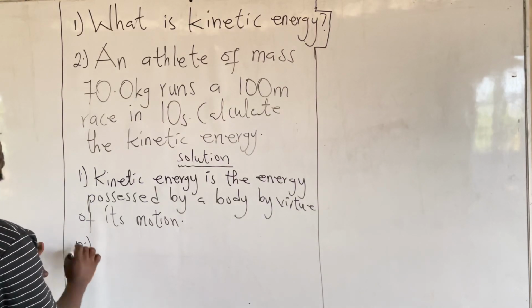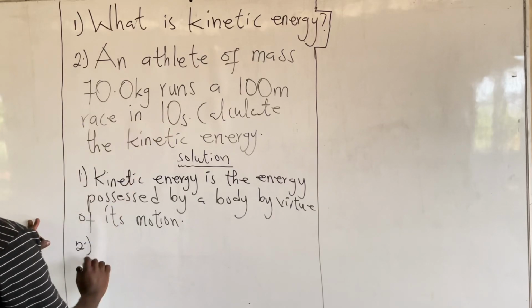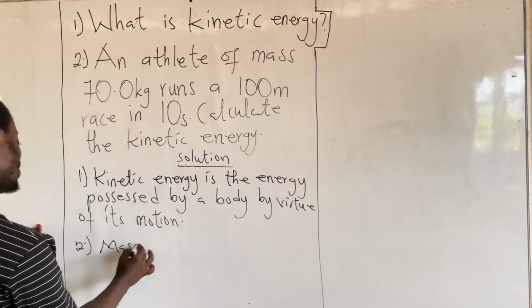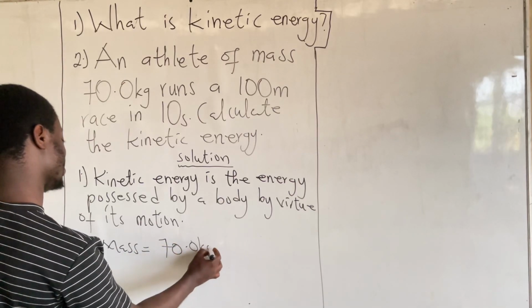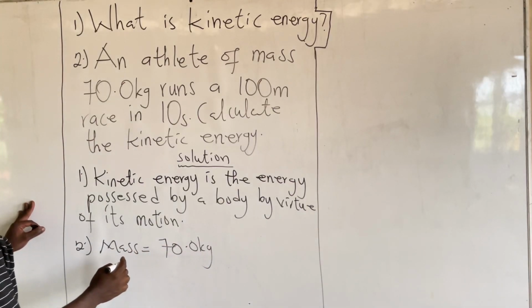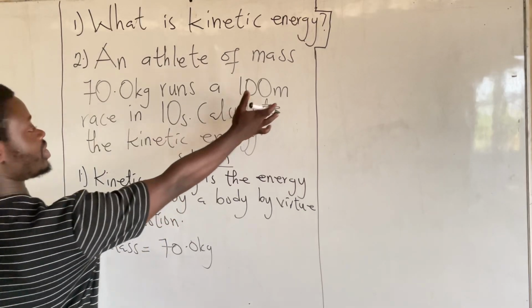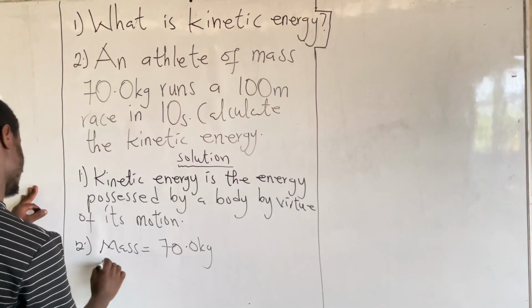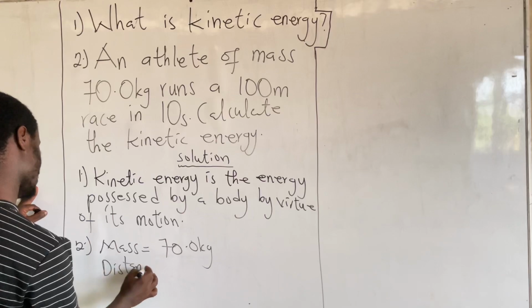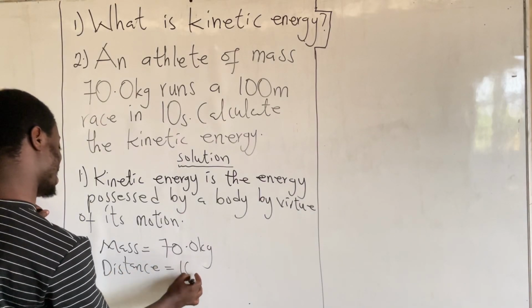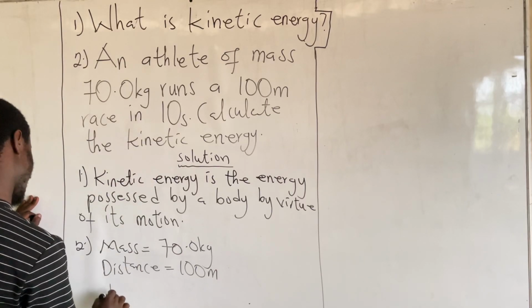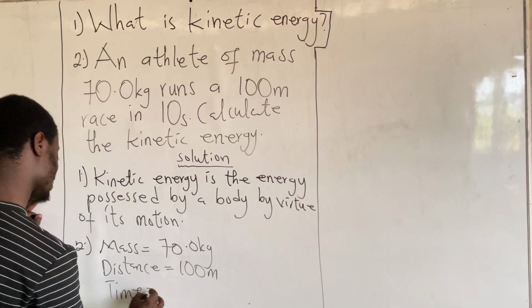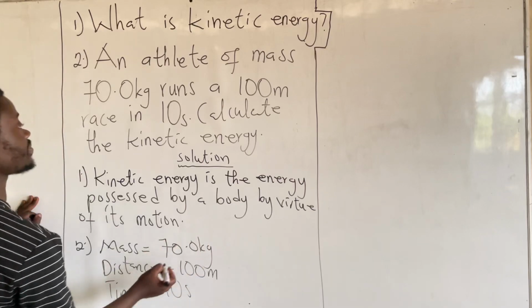So the mass of the athlete from the question is 70.0 kilograms, runs a 100-meter race. So this becomes the distance. So the distance is 100 meters. In 10 seconds, so time is measured in seconds, is 10 seconds.